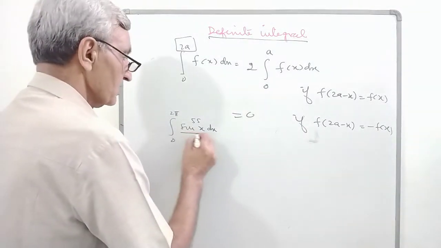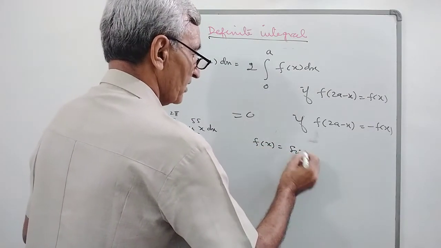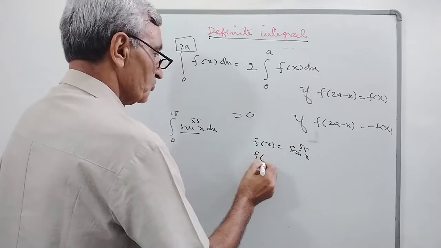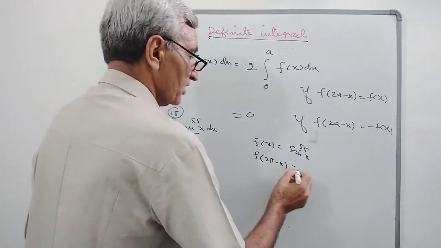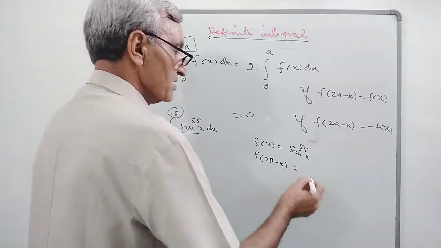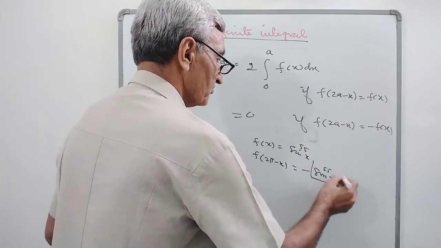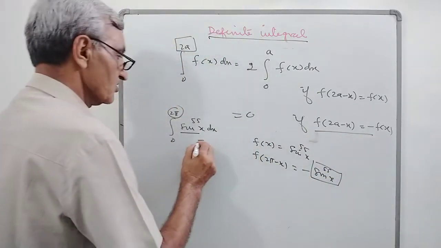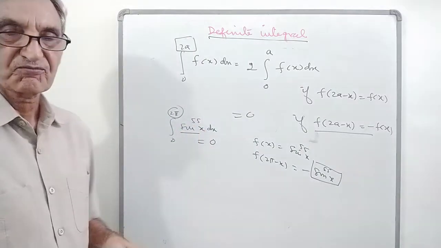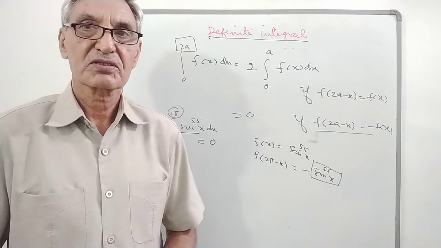This is my f(x), equal to sine x raised to power 55. I put 2 pi minus x, this is my 2a. Sine(2 pi minus x) is equal to minus sine x, so it becomes sine x raised to power 55, this is minus f(x). Therefore, by this property, its answer is equal to 0. Simple to go. Its answer is 0.